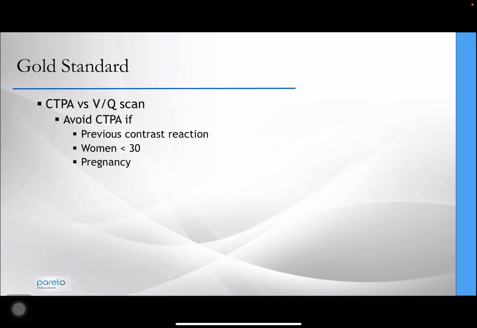And that's of course because of radiation. If they have any of these three factors, then go for a VQ scan. If they don't have any of these, then go for a CTPA.